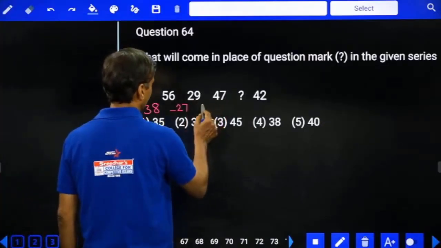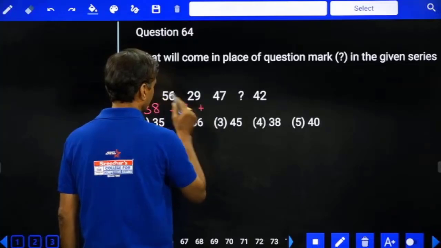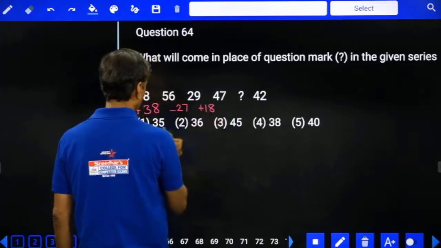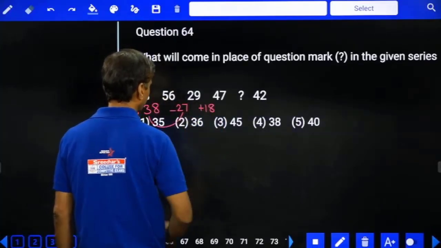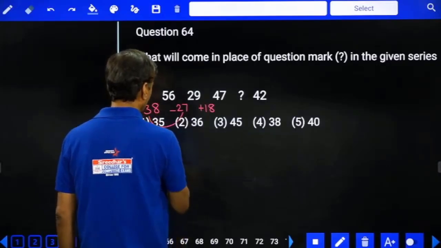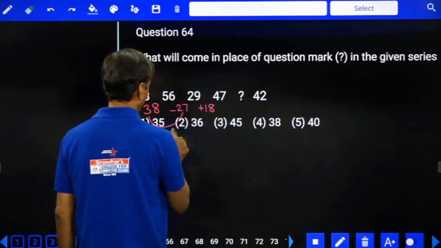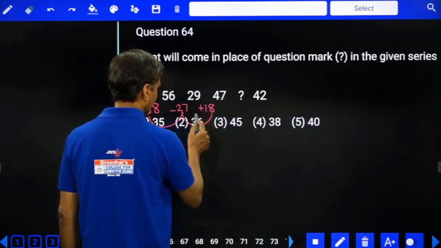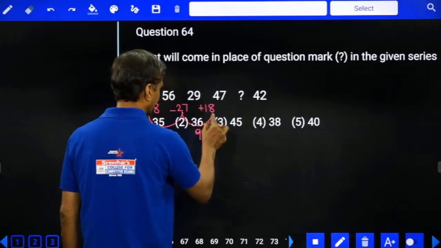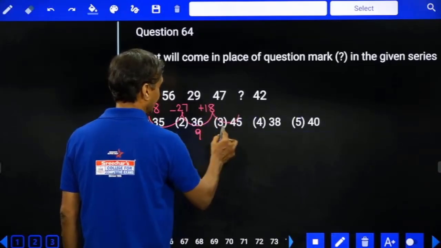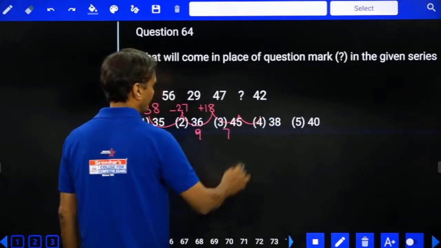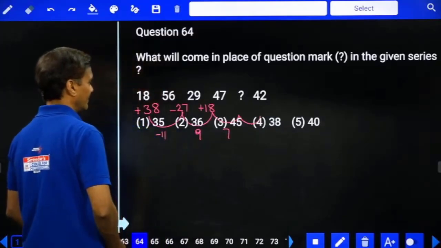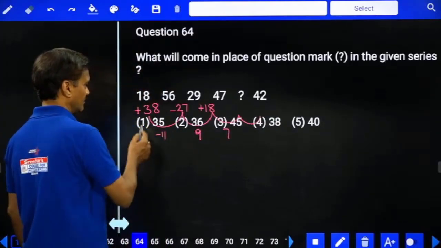29 and 47. Here the difference between these two is how much? 18. Clear? Then 38 and 27, if you observe here, the difference is how much? 11. Then 27 and 18, the difference is how much? 9. And the next difference must be 5. 11, 9, 7, and the next one must be 5. And 18 and 7, it must be how much?